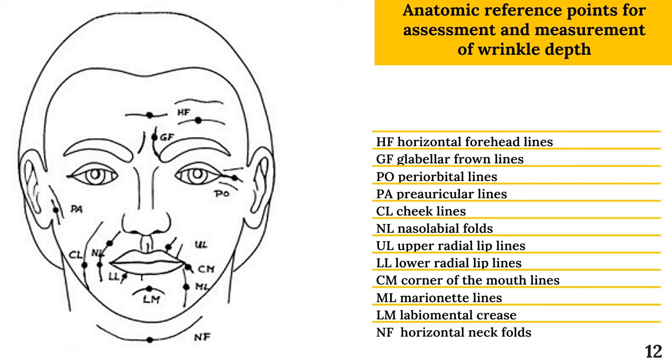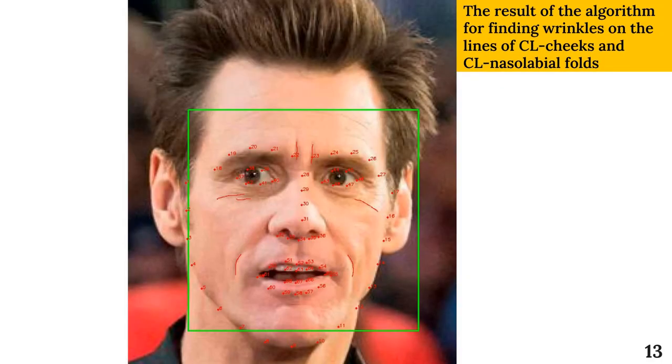At the next stage, contours are determined and the geometric parameters are analyzed. A wrinkle is considered detected if the contour parameters meet the requirements for each type of wrinkle. For symmetrical ones, an additional double-sided check is used. The results are shown in this slide.